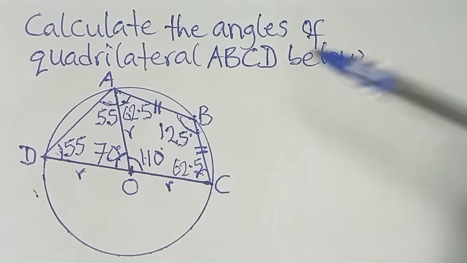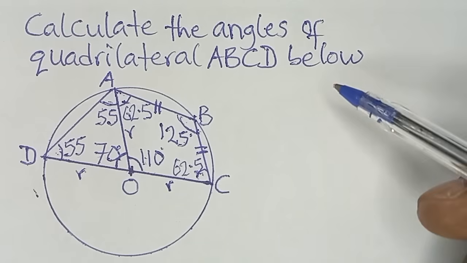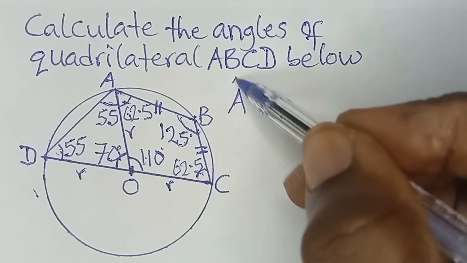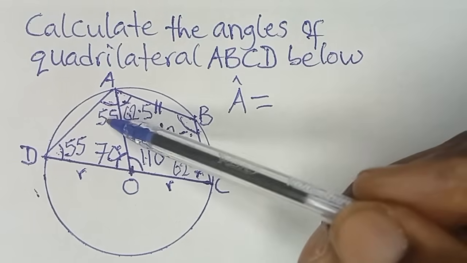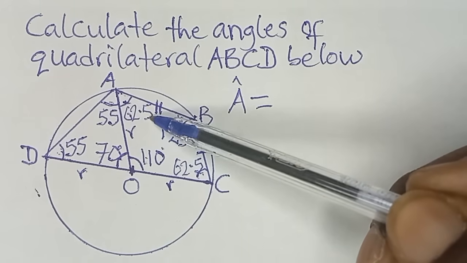So now we can find all the angles of the quadrilateral ABCD. Let me start with angle A. The value of angle A is equal to 55 plus 62.5. Don't forget that.